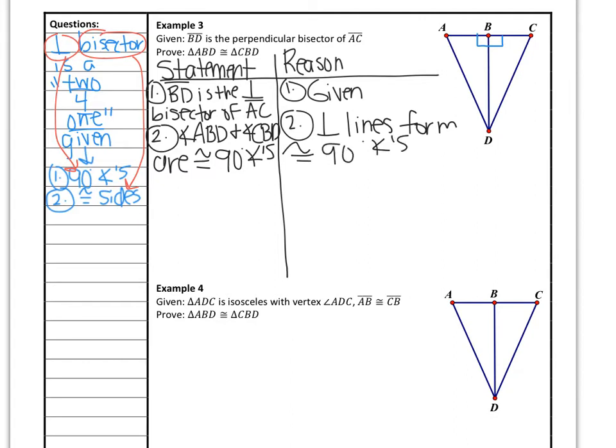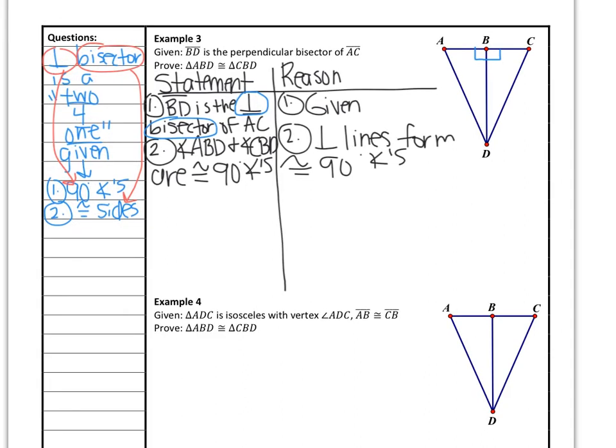Okay, so we didn't have to restate that they were perpendicular because it already says that BD is perpendicular to the opposite side, we're assuming in this case. So step 3 is to use our bisector piece. So how are we going to use the bisector piece? Well, if BD is a bisector of the opposite side, then it's cutting the opposite side in half.